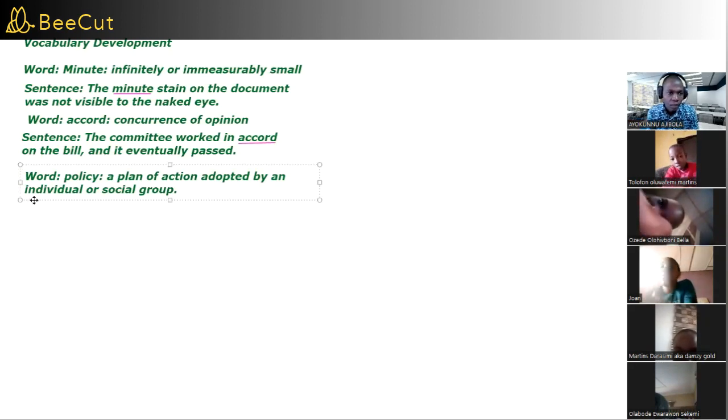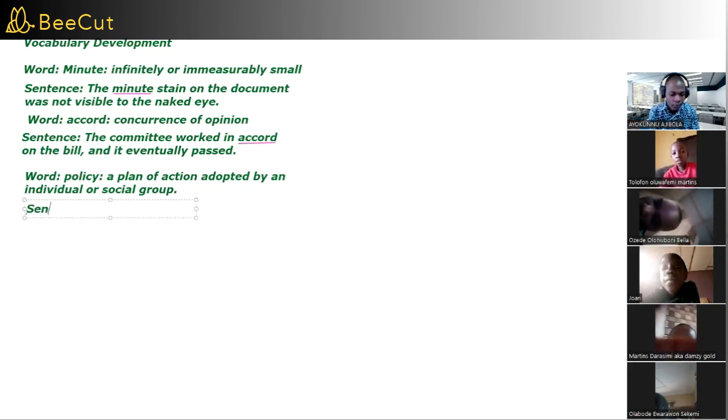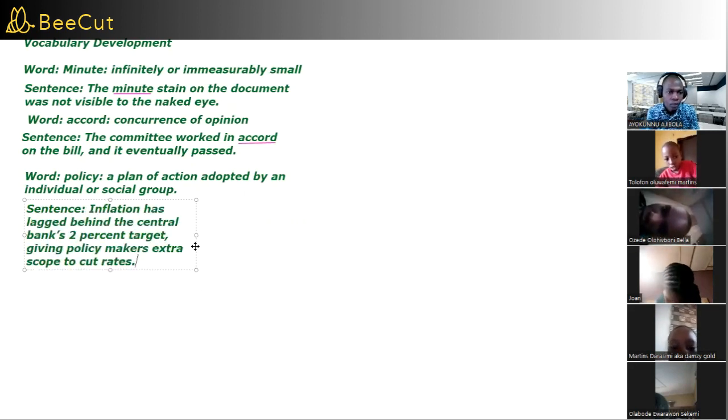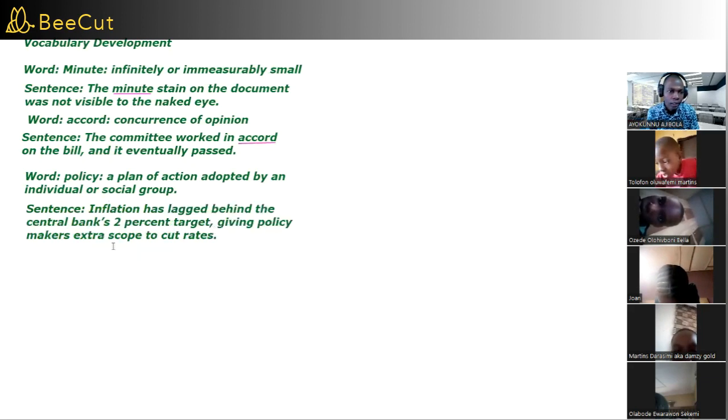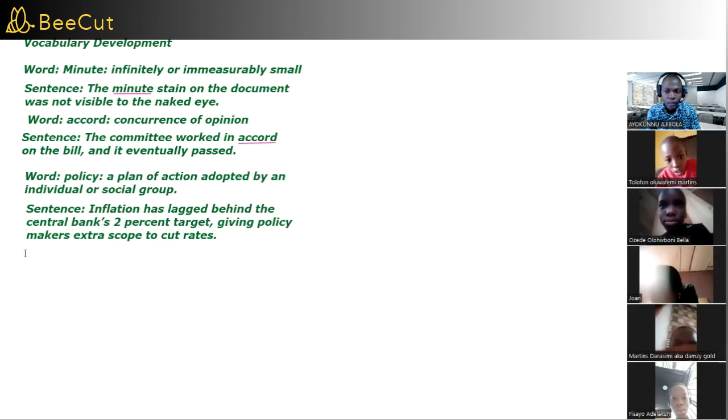And talk about policymakers. So the sentence we're looking at here: inflation has lagged behind the central bank's 2% target, giving policymakers extra scope. Also, somebody is having background shouting there. So that is that about that.